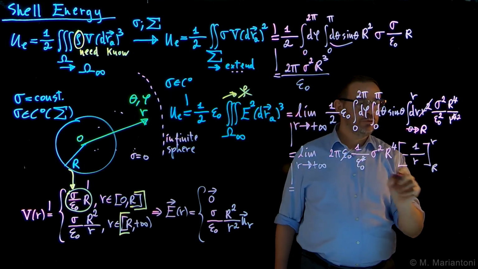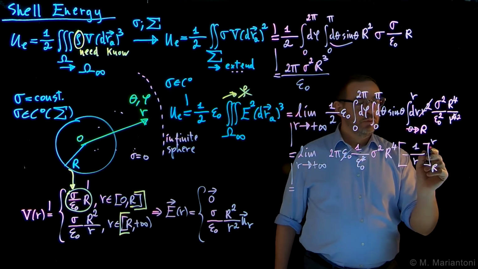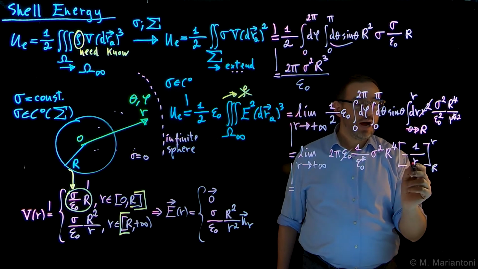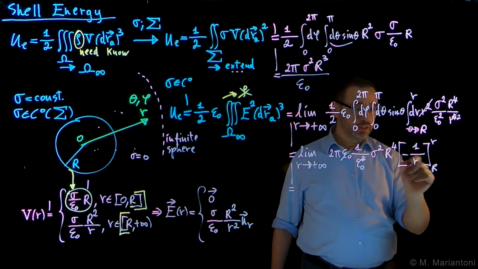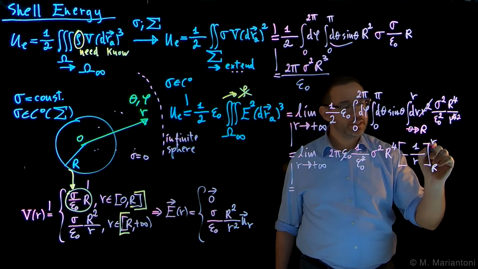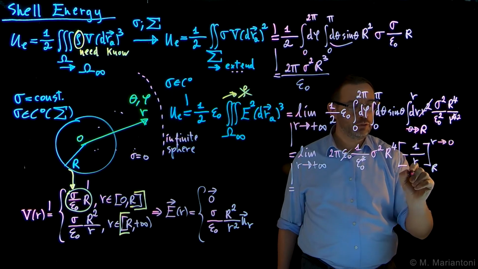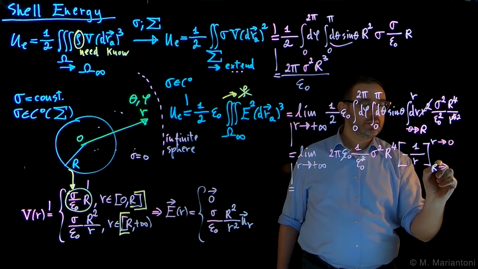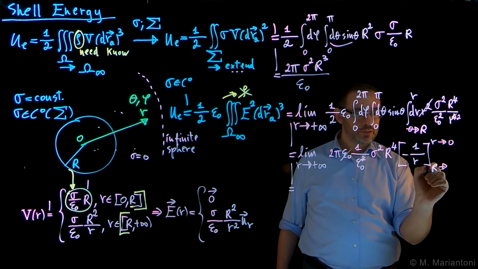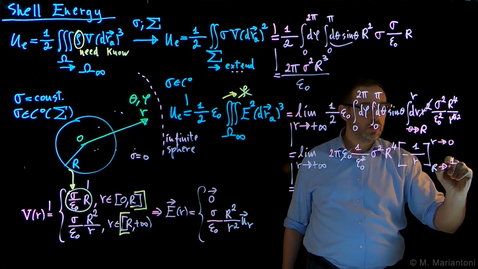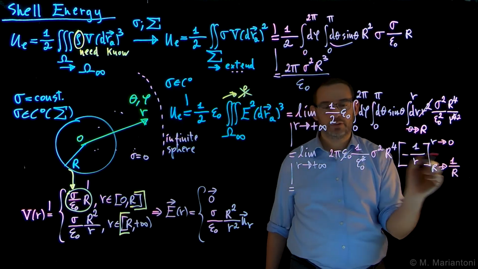So if we do this integral in this limit, we need to do minus 1 over r when r goes to infinity, which is 0. So the first limit here gives me a 0 contribution. Whereas here, this limit gives me minus minus, because it's the first one, 1 over capital R, after doing the limit.